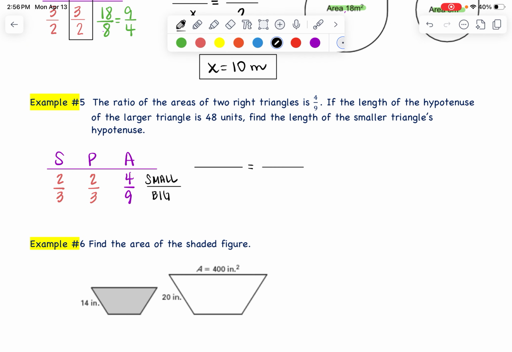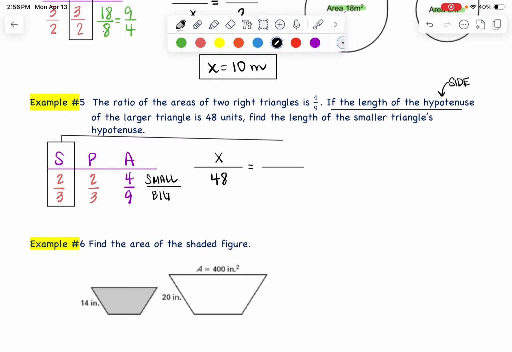So when it says the length of the hypotenuse, and remember the hypotenuse is just a side length, right? So the hypotenuse of the larger triangle is 48. What is the length of the smaller hypotenuse? So that's going to give me x over 48. And then, of course, which ratio do you think I'm going to plug in? Well, I'm talking about side lengths, so I should be using the side ratio, right?